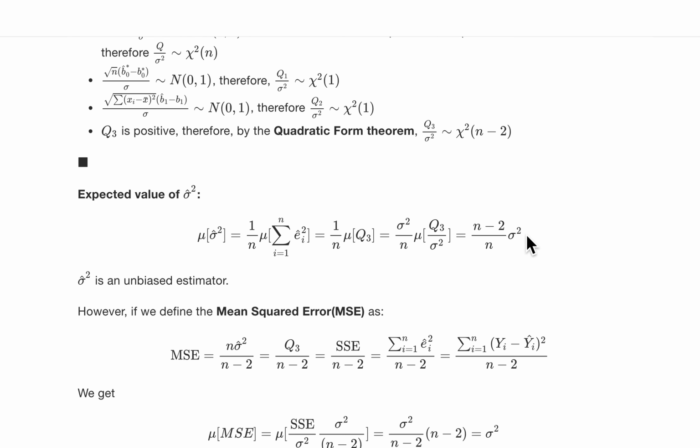It's not actually sigma squared, but a slightly shifted sigma squared. So this is a biased estimator, but when n is large, it converges in probability to sigma squared. So this is a consistent estimator of sigma squared.